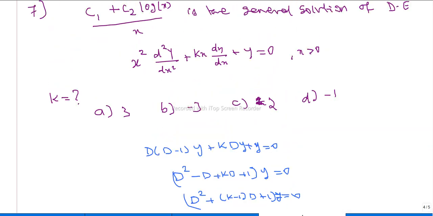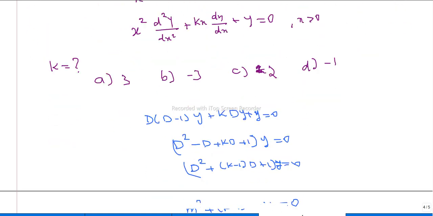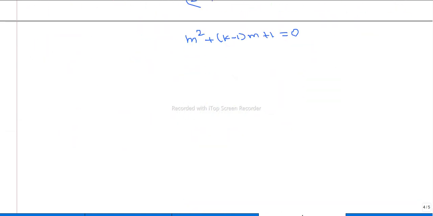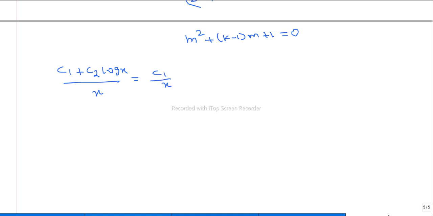Maybe we can rewrite the solution, which is given by (C1 plus C2 times log x) whole divided by x. This is nothing but C1 by x plus C2 times log x by x. So this is in terms of x.